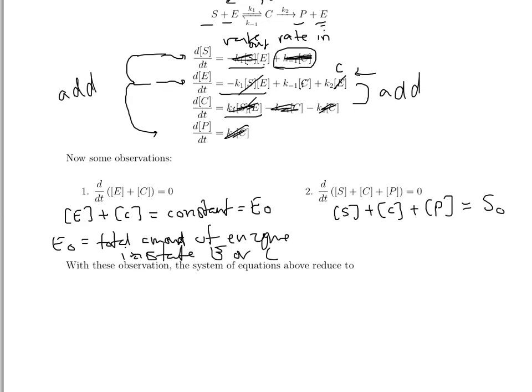So S0 is the substrate that occurs in the original form S, bound to the enzyme C, or as converted into the product P. So we're assuming that in either one of those forms, that sum does not change throughout this reaction: original form, bound to the enzyme, and then converted into the product.